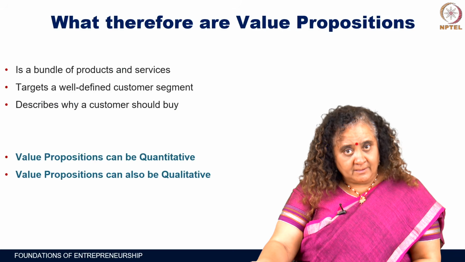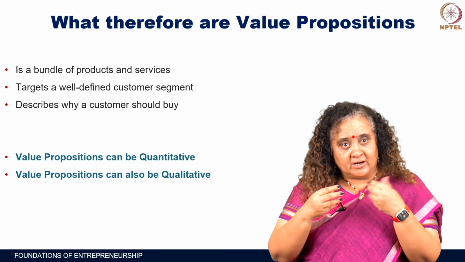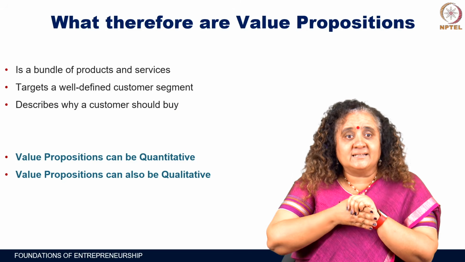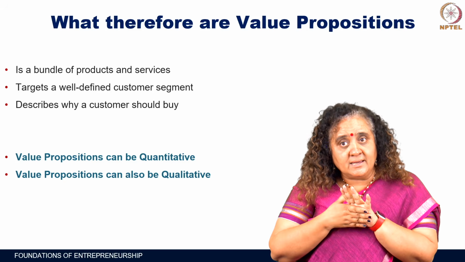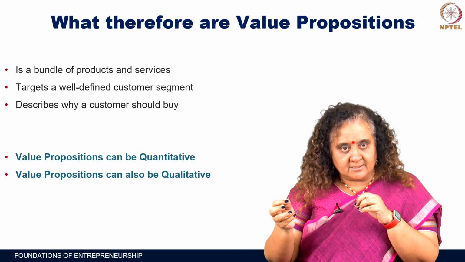And therefore, summarizing again, it's a bundle of products and services. It targets a well-defined customer segment. It describes why a customer should buy, and why a customer should buy instead of a competing product.